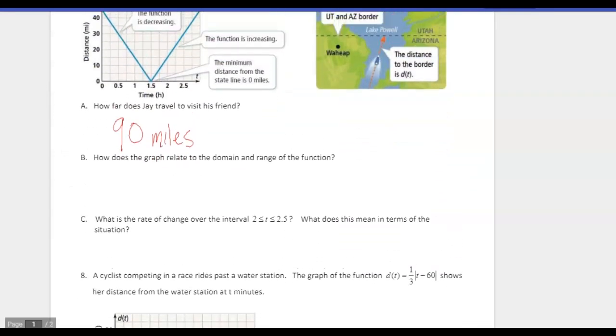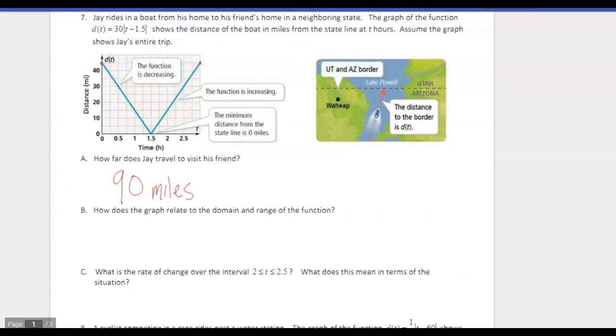It says, how does the graph relate to the domain and range of the function? Well, we know that at minimum, the domain has to be positive. I suppose he could drive at any speed he wants to get there. But in this case, we could probably be more specific, but the domain has to be positive.